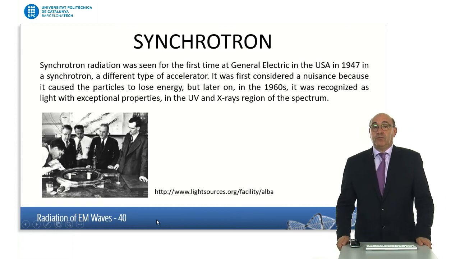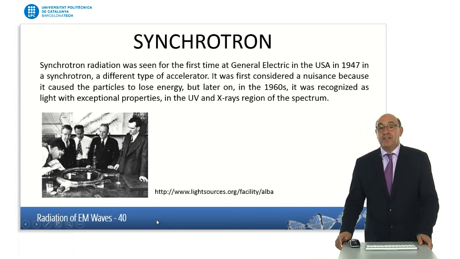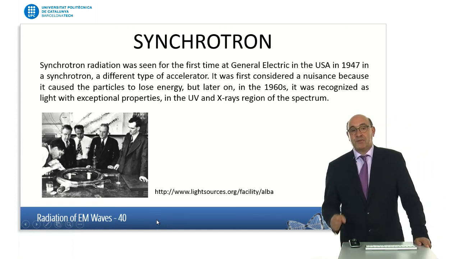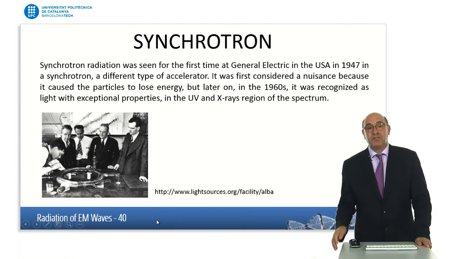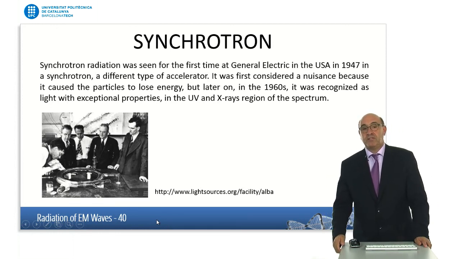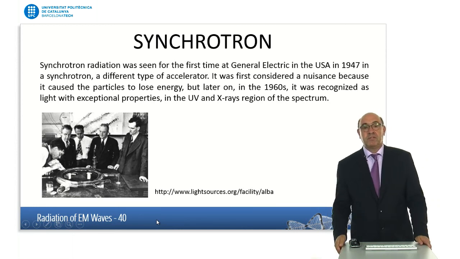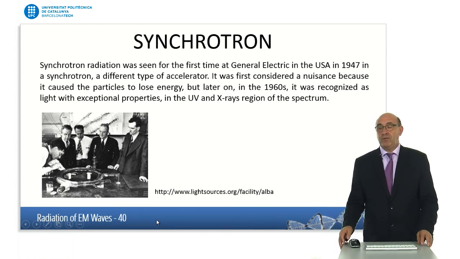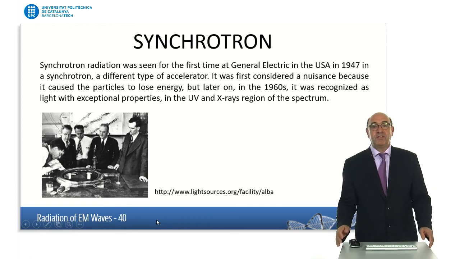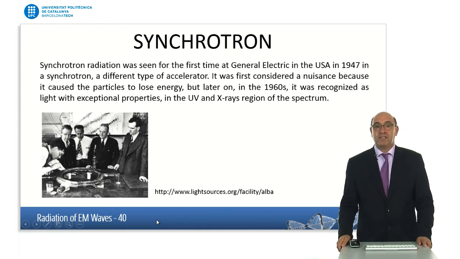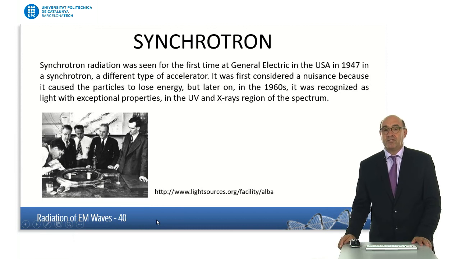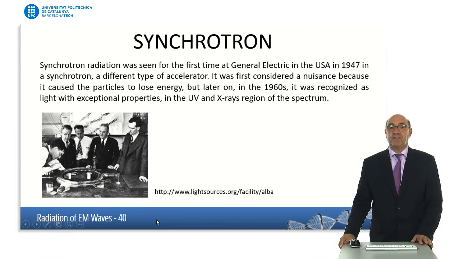But fortunately, things are not so bad, because when there's radiation coming from those devices, this radiation tends to fall into the UV and X-ray regions of the spectrum. And what was considered to be a nuisance in the early times of the cyclotrons was considered to be an advantage in the synchrotrons.